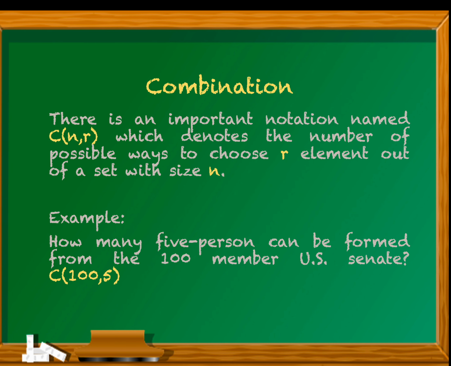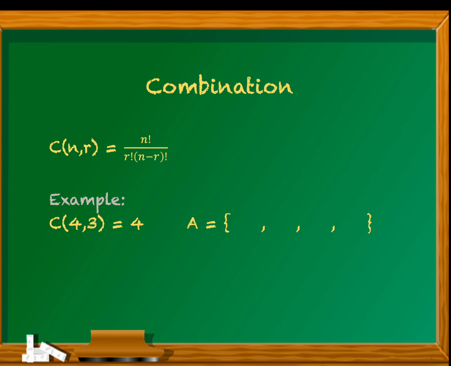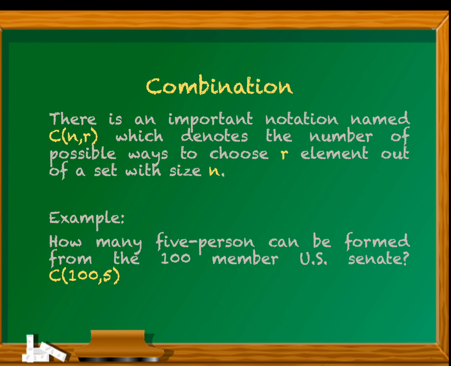Then we introduce the combination, which is regularly taught by showing a formula that students have to memorize. But here we give a code, which makes it easier for students to memorize.